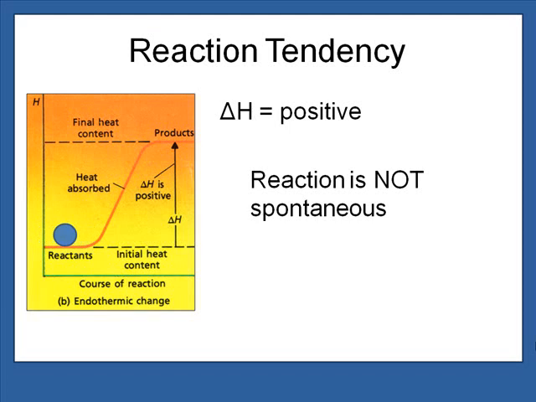If we wanted that ball to make it all the way up to the top of that potential energy hill, we'd have to continue pushing it, or in terms of chemicals, we would have to continue to input energy into that system to arrive at the energy of the product. So it takes a constant input of energy, and therefore we don't consider this spontaneous. This process does not happen spontaneously.